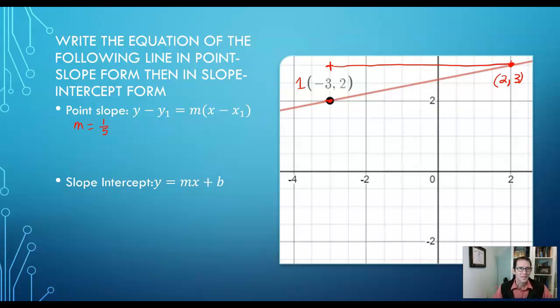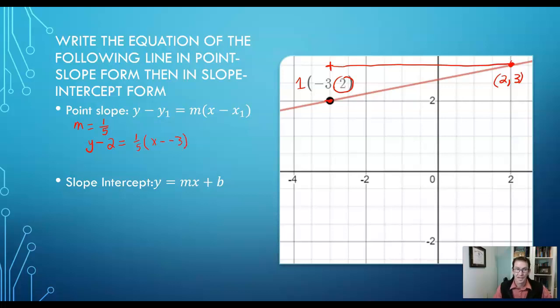Now, let's go ahead and use our equation and find the point slope for the line. So we've got y minus, and I have this point here, and I know the y value. So y minus 2 is equal to the slope of 1/5 times x minus a -3.